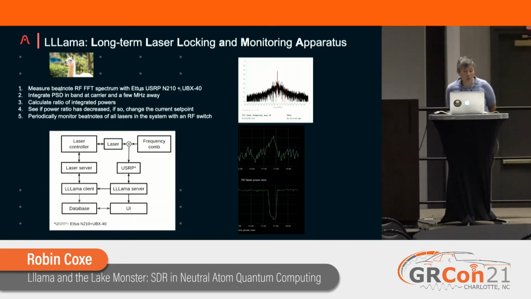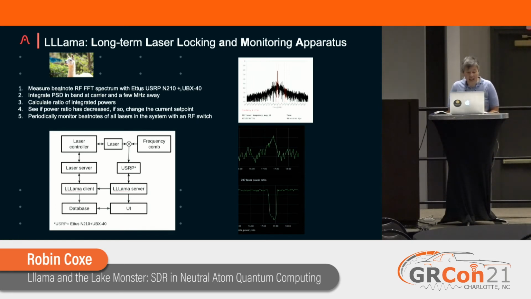So we're taking advantage of the fact that a USRP N210 and a UBX-40 is right in the sweet spot for the beat frequencies to measure the beat notes of our lasers and take an FFT. We measure the power spectral density in band and offset a few megahertz away, and we calculate the ratio of integrated powers.